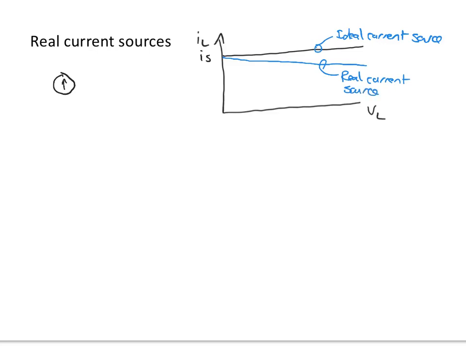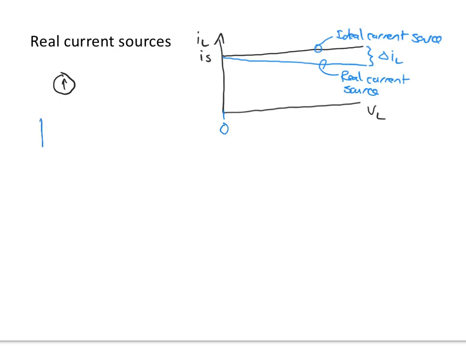And let's call the difference between the two delta IL. And if you look at this graph here, you can see that the ideal scenario is when the load voltage is 0. So that would approximate a short circuit.